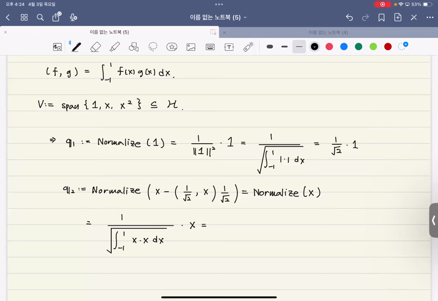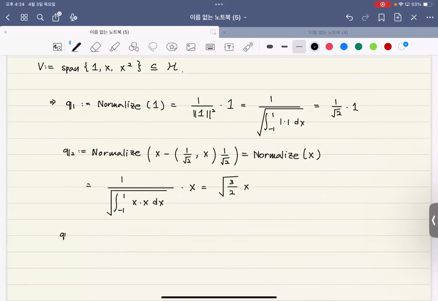This is x squared, so one third times x cubed, maybe. Sorry, my brain is not working. Okay, good. So this is my Q2.